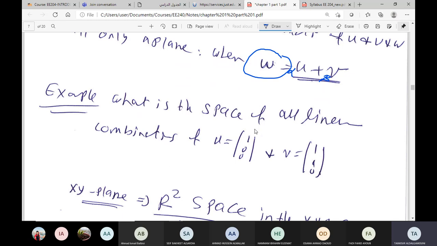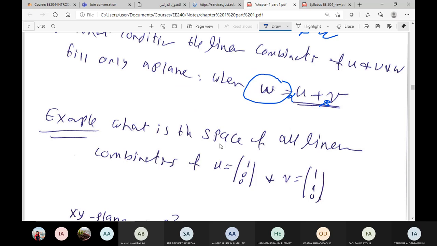Now, what's the space of all linear combinations of U and V? The question you'll ask yourself is this: can U be written as a linear combination or a multiple of V? Can we write U in terms of V?